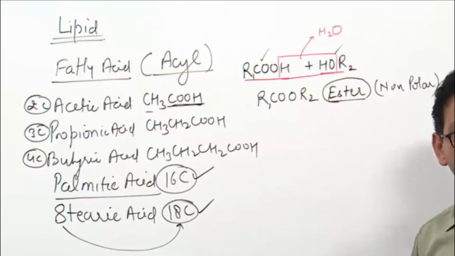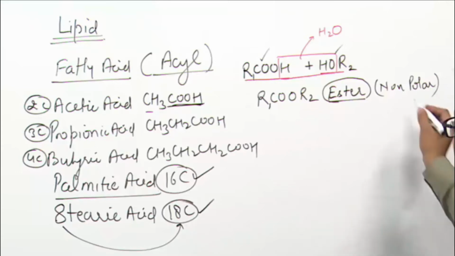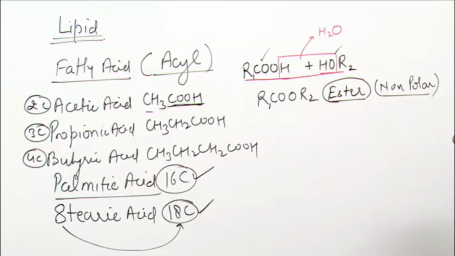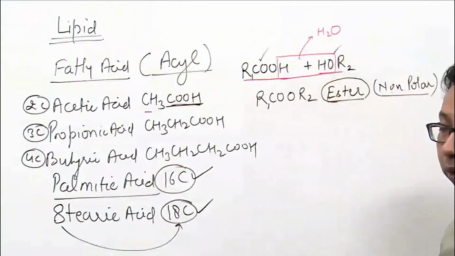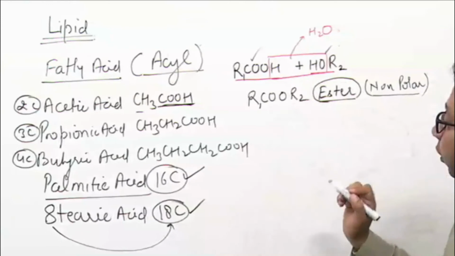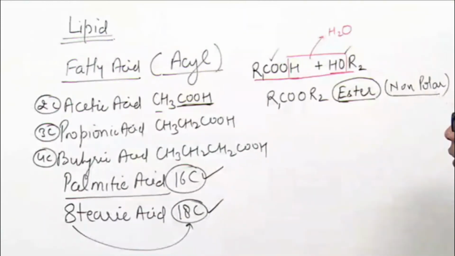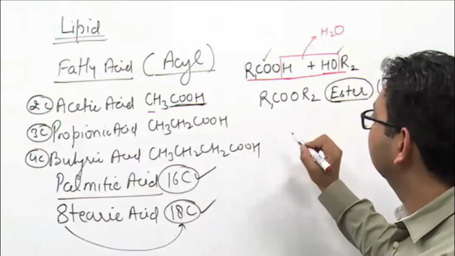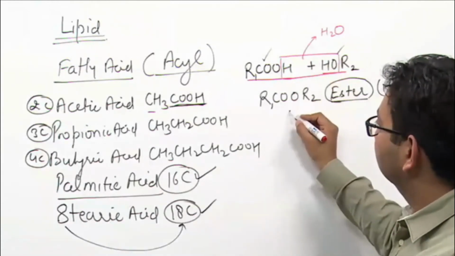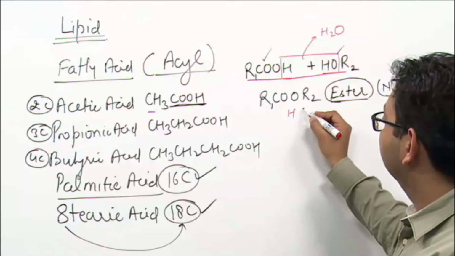If you want to understand the transport of lipid, you must know this basic concept. Acid joins with alcohol to form ester, and the ester bond is non-polar. Now suppose you want to cleave this ester bond, you must add water, HOH.